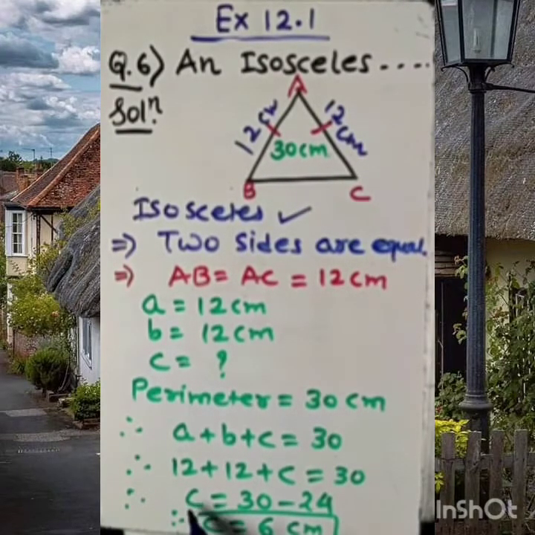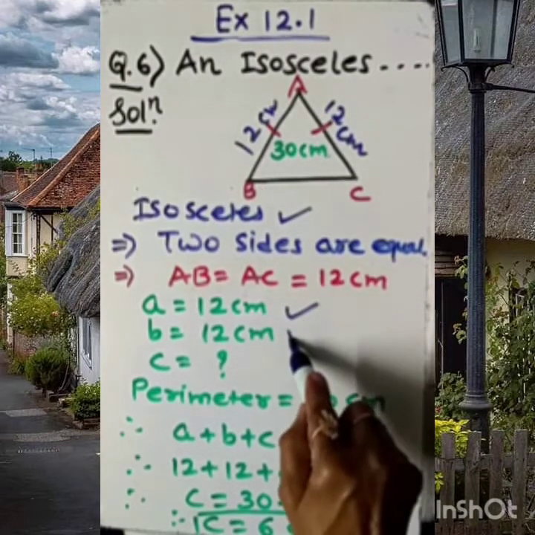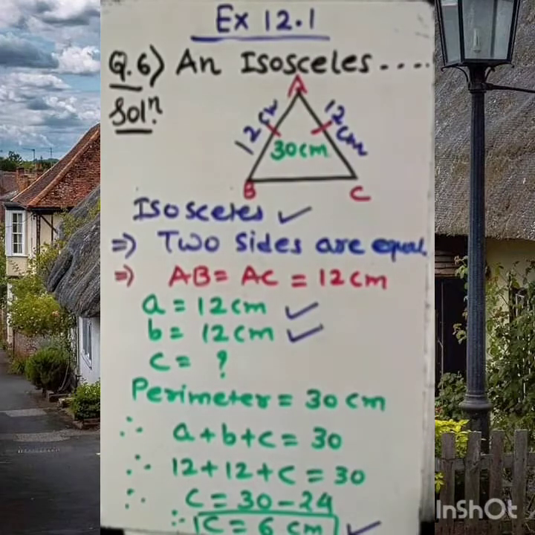So directly you can write the third side equal to 30 minus (a plus b). That is 30 minus 24, that is 6 centimeters. So finally, the three sides of the triangle are 12 centimeter, 12 centimeter and 6 centimeter.